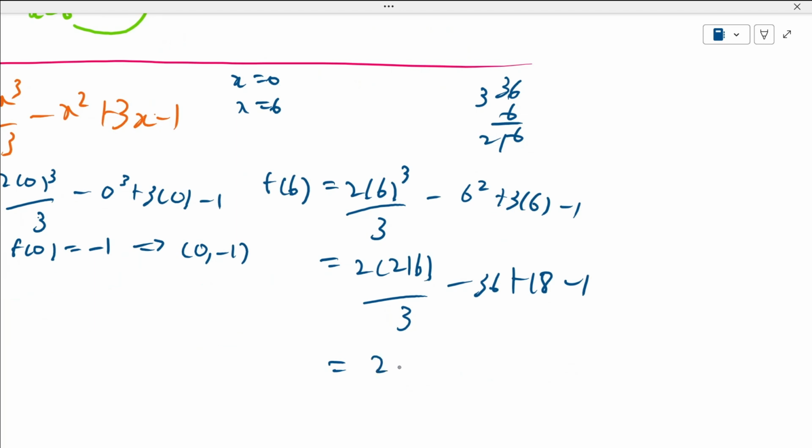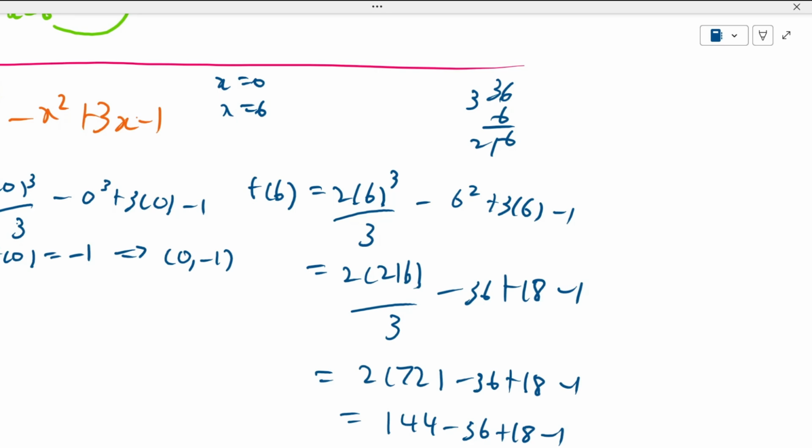So 2 multiplied by 72 minus 36 plus 18 minus 1. 144 minus 36, that's 108 plus 18 minus 1. So therefore, f of 6 is going to be 125. So we know now that the y value at x equals 6 is going to be 125.